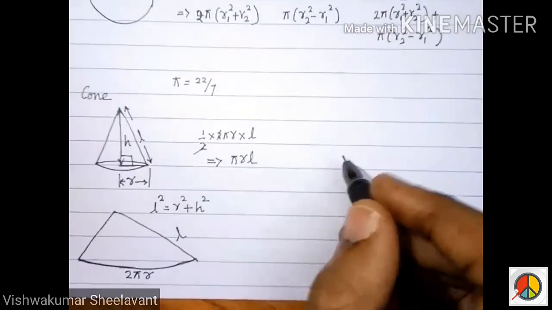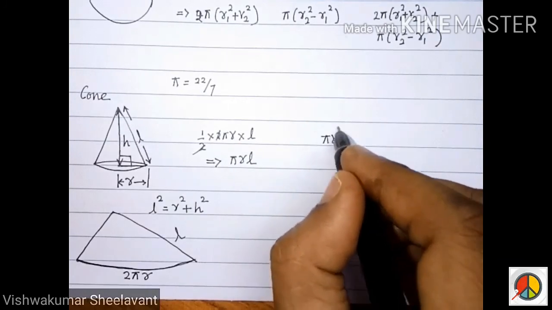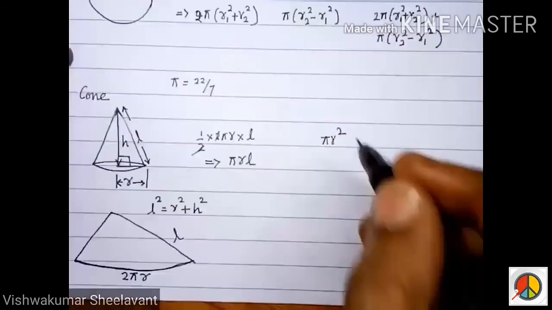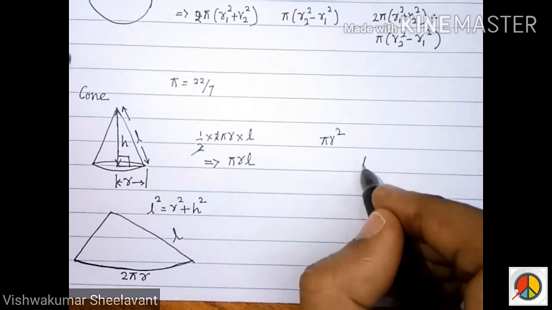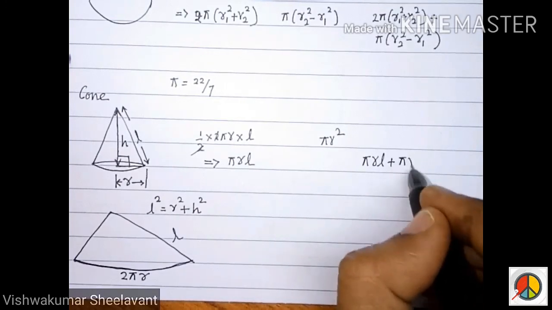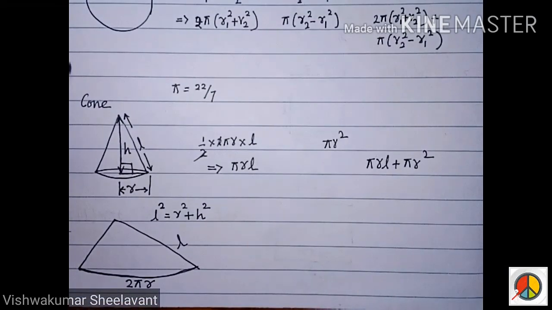And what is the base area? Base area is pi r square. Total surface area will be equal to sum of these two. That is pi rl plus pi r square.